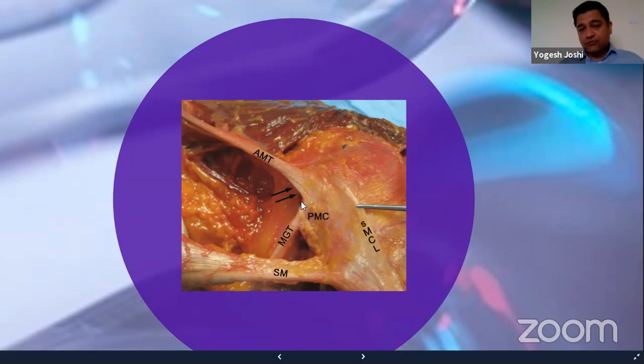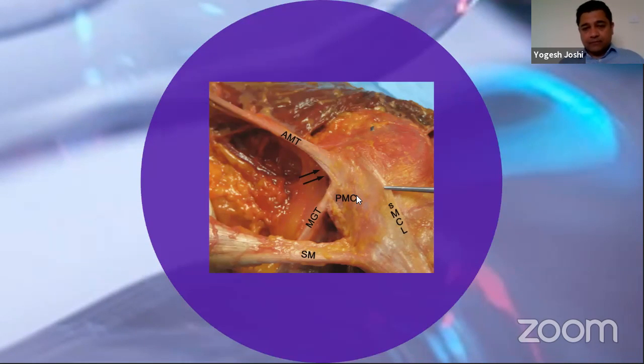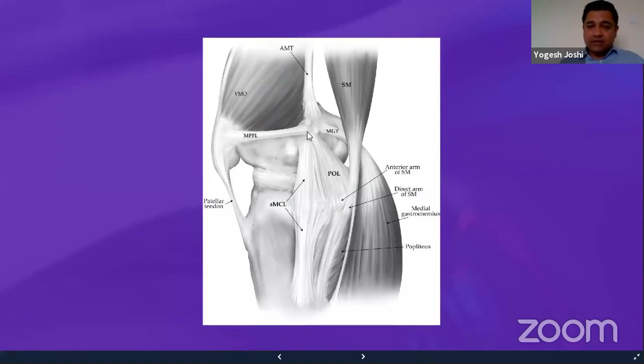So with that in mind, we are going to think about, if we want to reconstruct the MCL, how we are going to do that. And this is another picture, and this shows the alignment of the different medial structures.